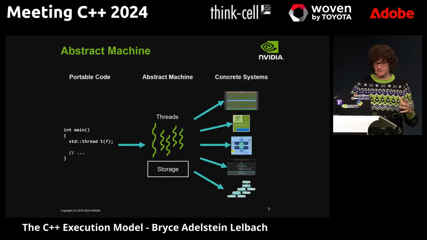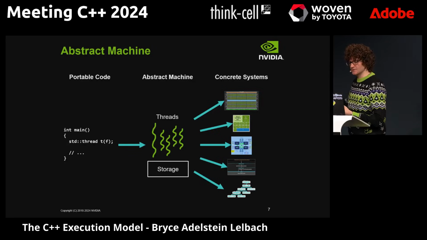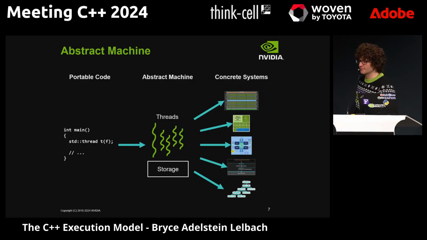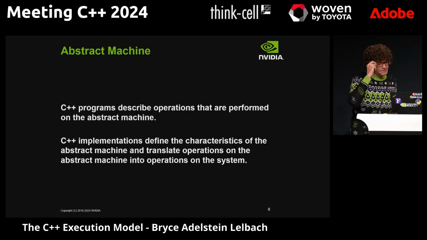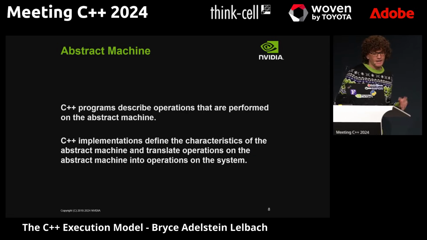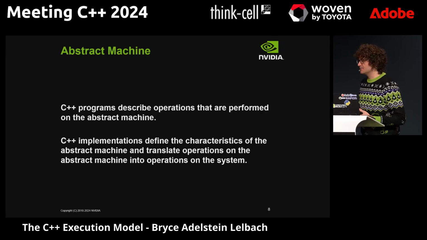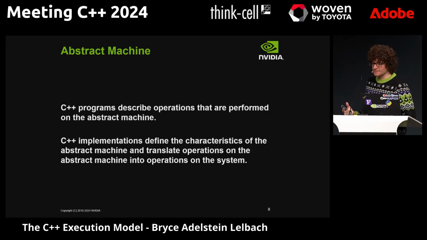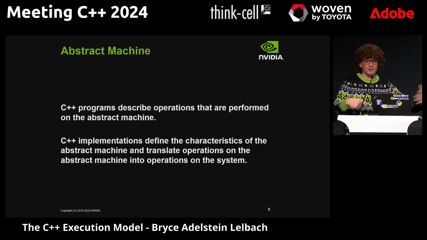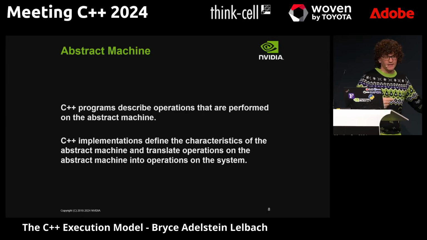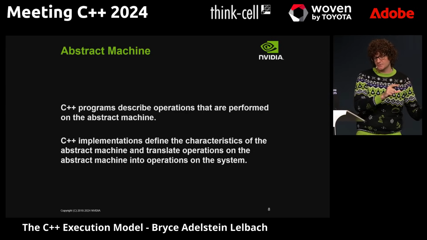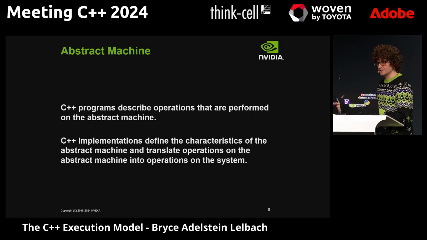And then many different platforms implement those semantics. So C++ programs describe operations that are performed on this abstract machine. And C++ implementations define the characteristics of their implementation of the abstract machine. And then they translate operations on the abstract machine into operations on the system.